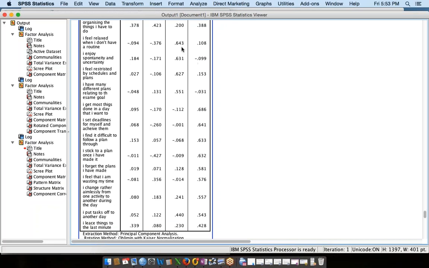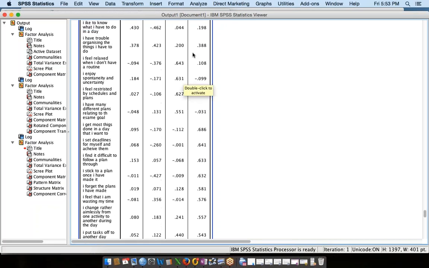Let's see. This does seem to have switched up a bit here. The relax, the spontaneity, scheduling, it moved to factor 3.